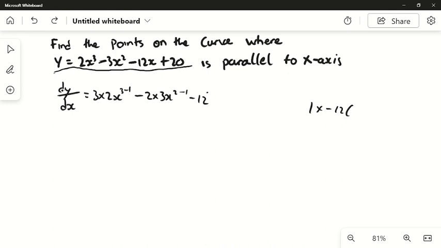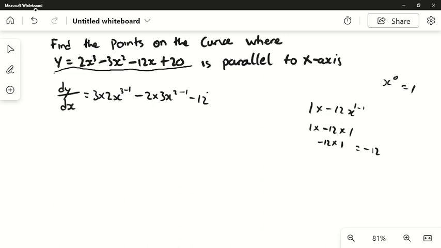So we now have x to the power 1 minus 1, which is x to the power 0, and in indices, x to the power 0 is equal to 1. So we now have 1 times minus 12 times 1. 1 times minus 12 is minus 12, and minus 12 times 1 is still minus 12.